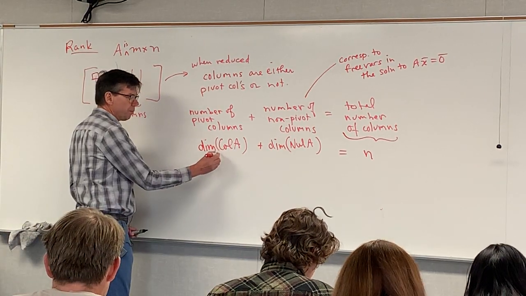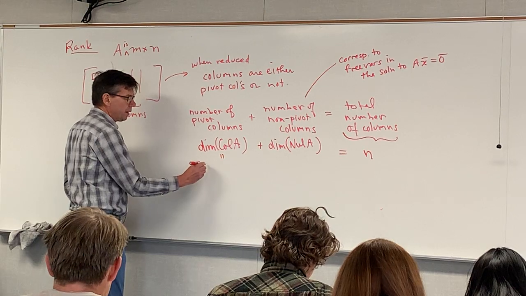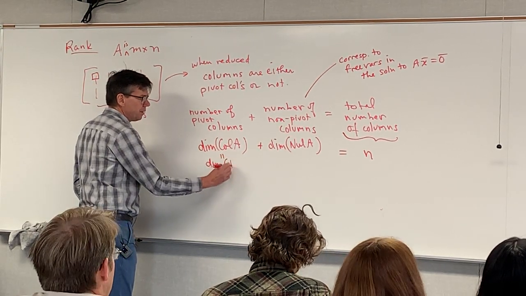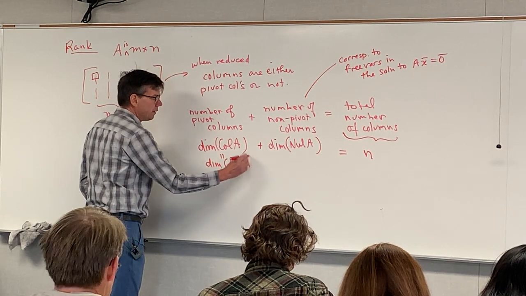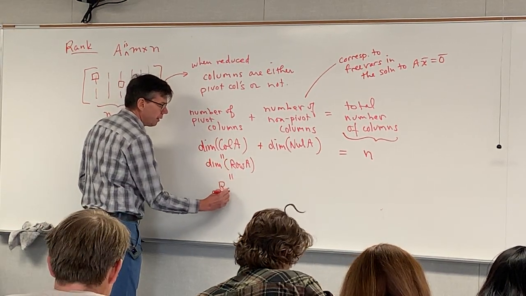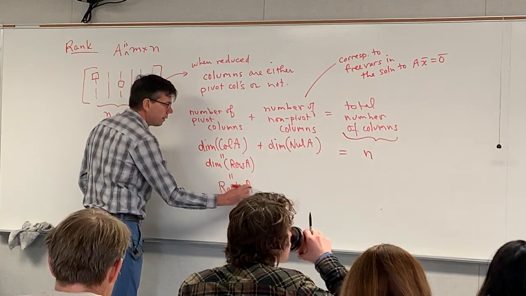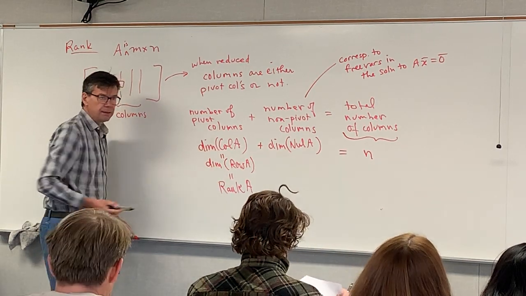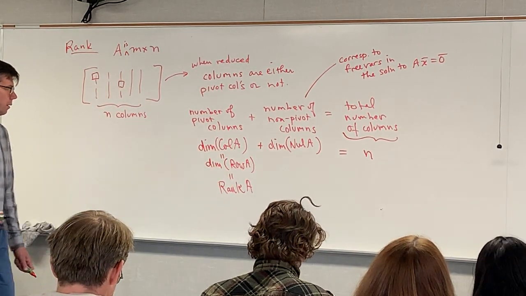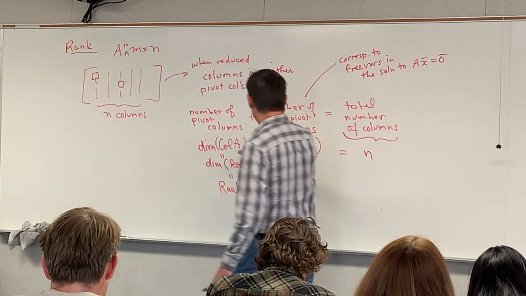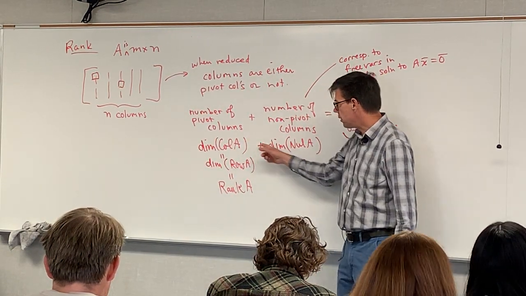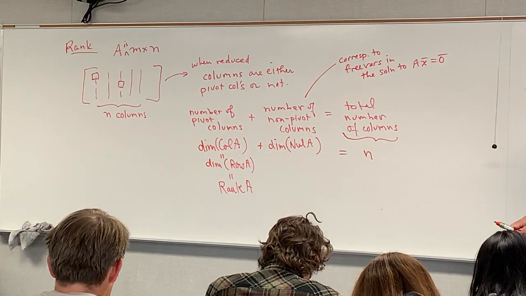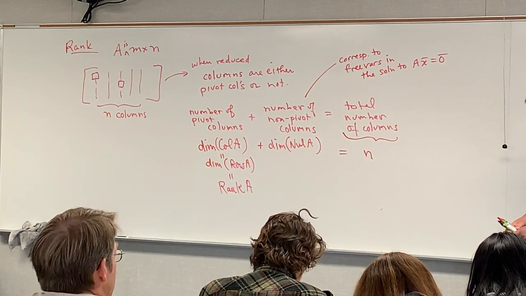I think you got to just memorize, even though it's not hard to think about why it's true. The dimension of the column space equals the dimension of the row space of A. And that's equal to the rank of A. So if you're just told the rank, these are all the same thing. 3 different ways of saying the same thing. And I put column space first because it's easier to see where this equation comes from the column perspective.